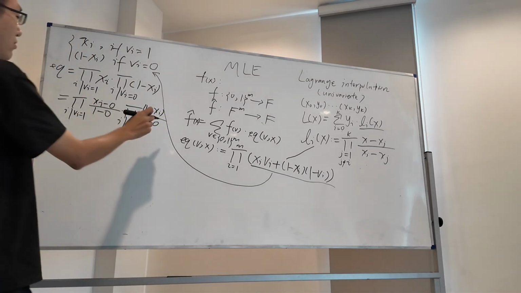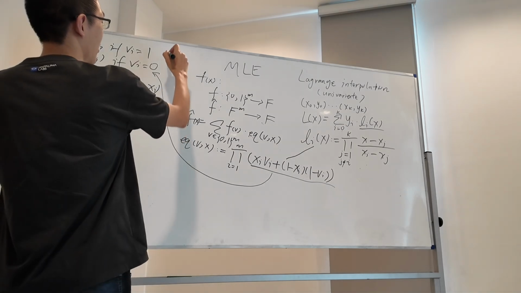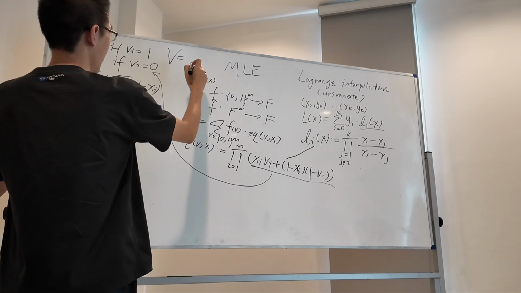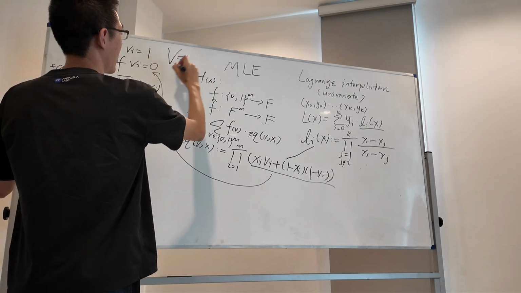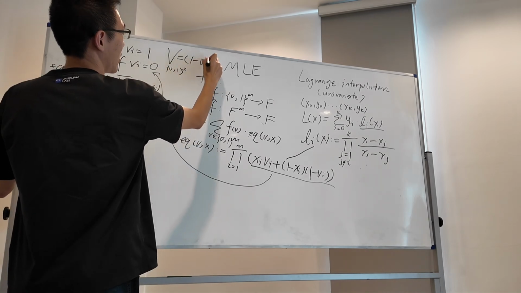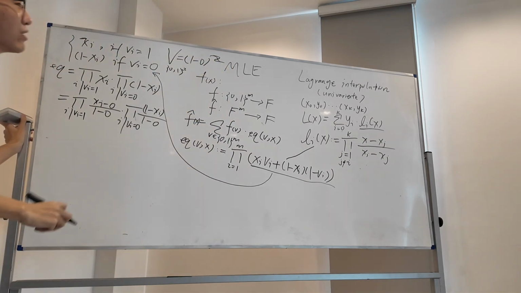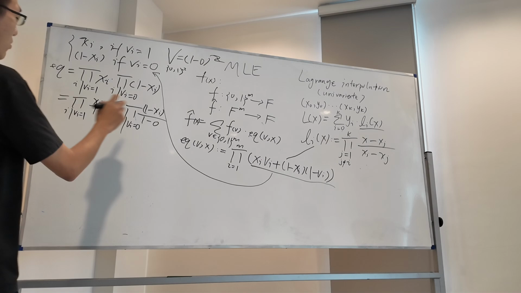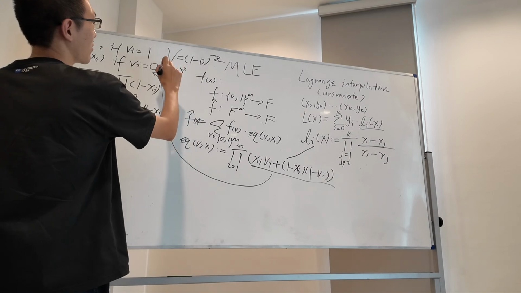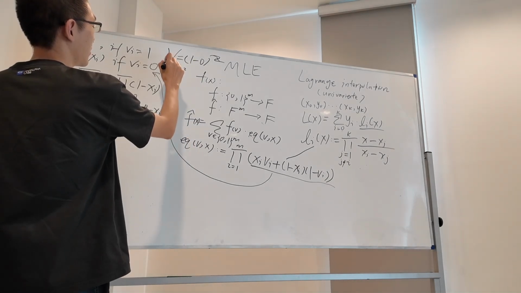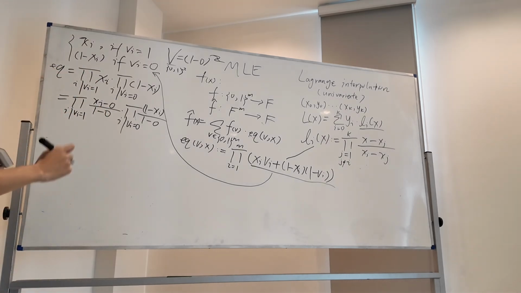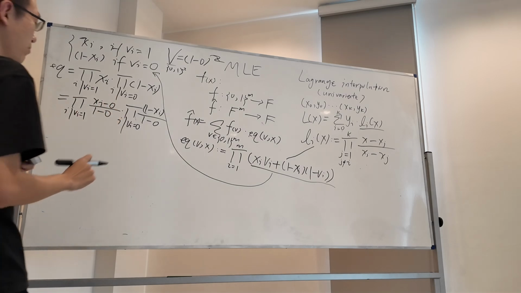So what does this 1 minus 0 mean? I think it's just the volume of the hypercube, right? The volume of the 0-1 square is just 1 minus 0 squared. These two things form the volume of the space, which is the hypercube here, which is integrated on.